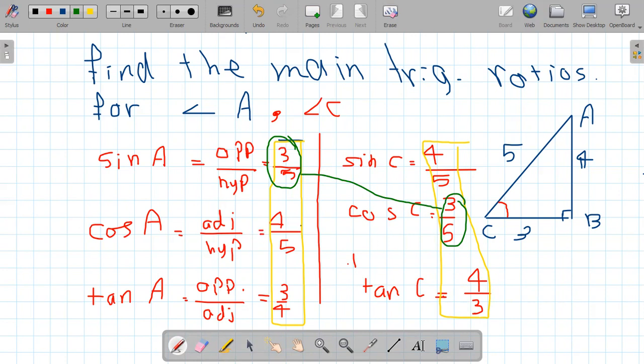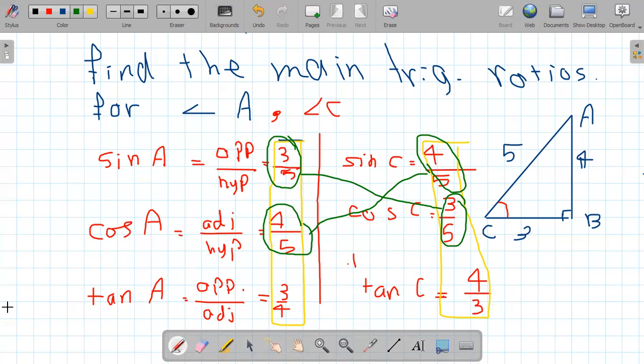And cosine A equals sine C. Right. What is the relation between angle A and C? We said it in the first session. What is the sum of the measures of angle A and C? 90. So angle A and C are complementary angles.